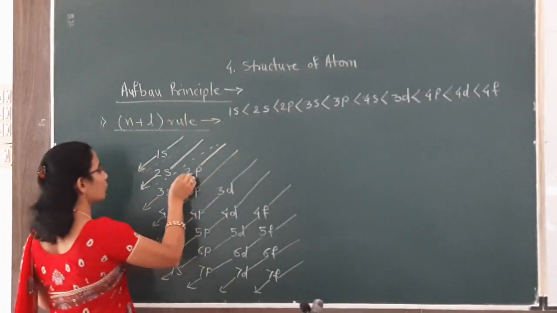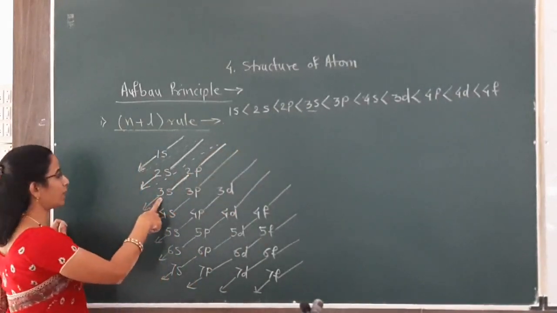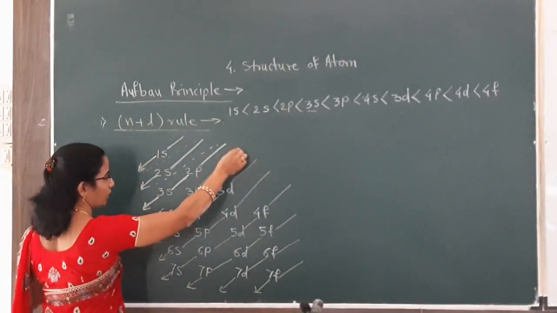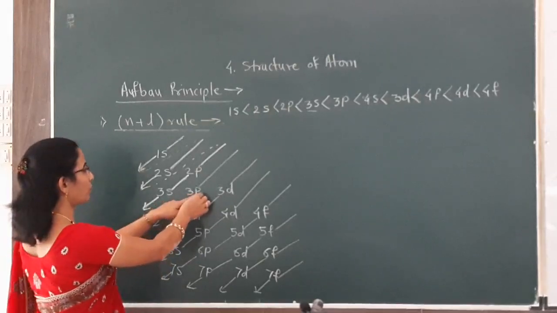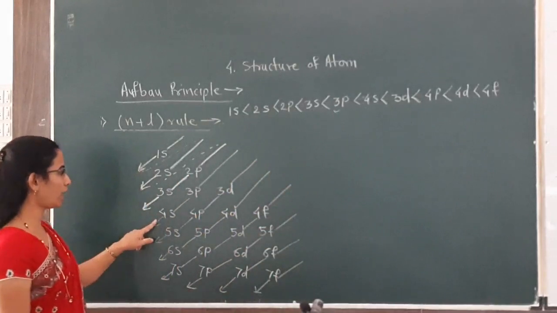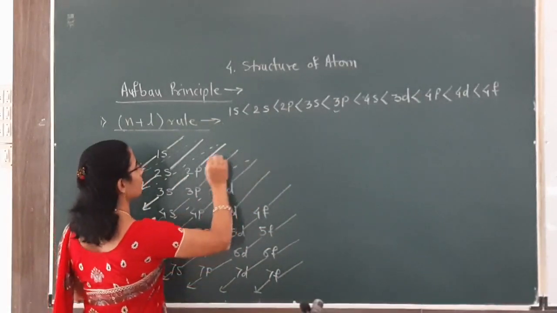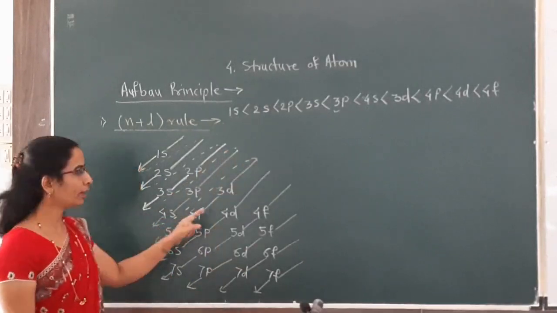After 2p you will reach the 3s orbital, the next higher energy orbital. Again you go towards the tail of the fourth arrow. You will reach the next higher energy orbital, which is 3p, as I have shown here. Then 4s. In this way you will obtain the energy level sequence for all orbitals.